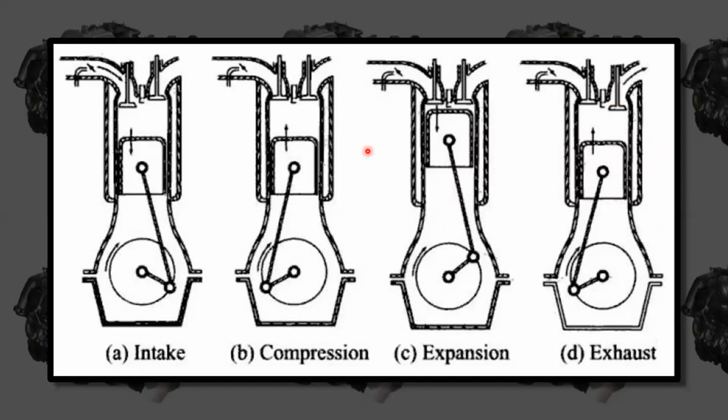An easy point to make out: in the intake stroke the inlet valve is going to open, and in the exhaust stroke the exhaust valve is going to open. That is a simple indication. And in compression and expansion, both the valves are in closed position. Just keep that in mind.